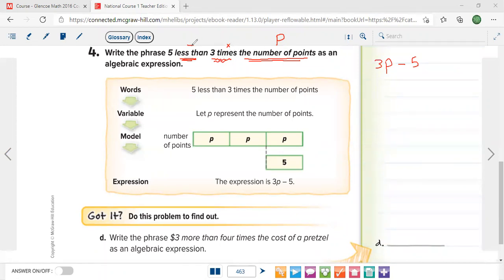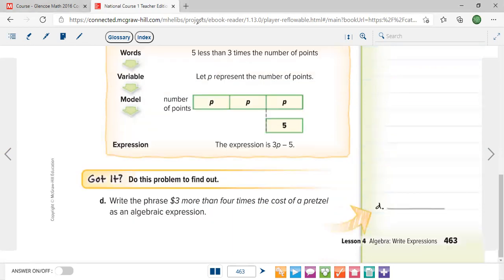Less than means minus. So 5 less than 3 times the number of points is 3p minus 5. And notice that the phrase less than switches the order: what comes after less than will be mentioned first. So 3p minus 5.